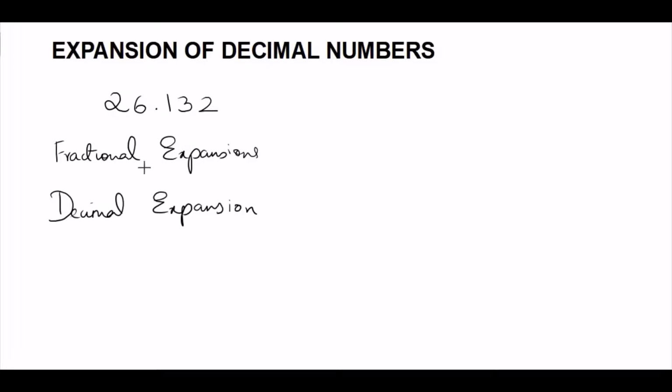When you write it in fractional expansion, you will write it as 20 plus 6 plus, you have to write it as fractions. So this is the tenths place. So you can write it as 1 by 10 plus 3 is in the hundredths place. So it will be 3 by 100 plus 2 is in the thousandths place. So we will write it as 2 by 1000.